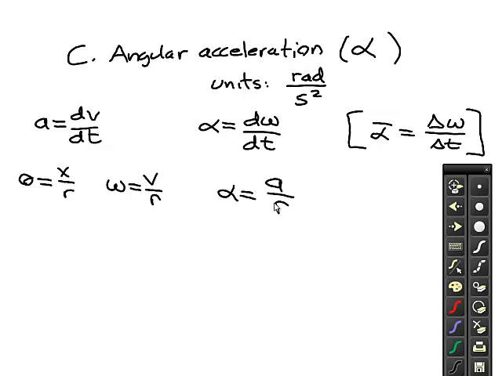So, if this thing is speeding up faster and faster, it's got an acceleration this way, tangent to the wheel, along with the acceleration it always had, which is toward the center of the wheel. So there's a little bit of fly in the ointment here, a little serpent in paradise.